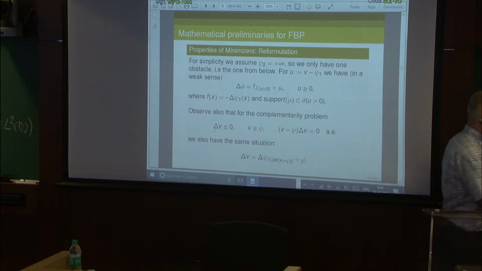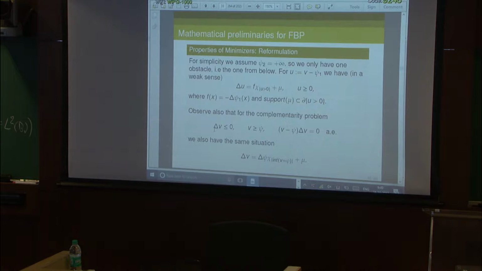And then we call this function f, just gave it a name, f, and then this is exactly u is positive. The v is larger than psi means that u is positive. And then the measure is here, so you get this characteristic: u is positive plus the measure.